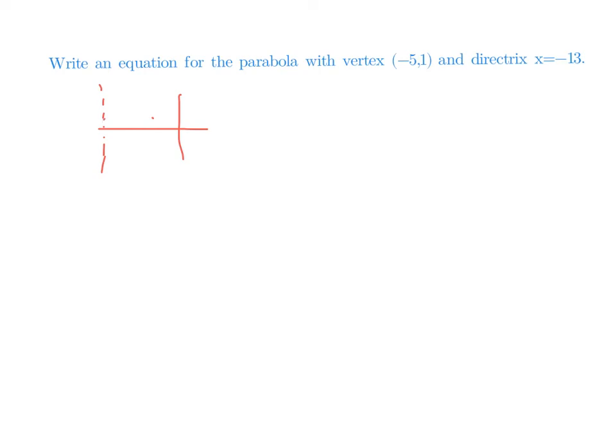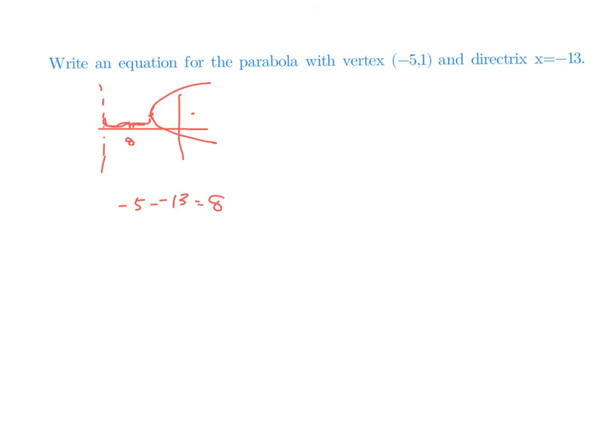The distance between our directrix and our vertex is actually 8, right? To get that, we think of the difference between -5 and -13, which is 8. So if we go that same distance in this direction, that's going to give us our focus. It's just a common sense way to figure that out.